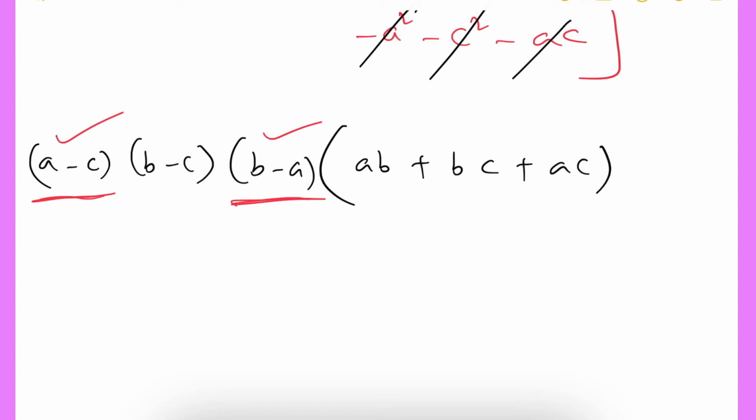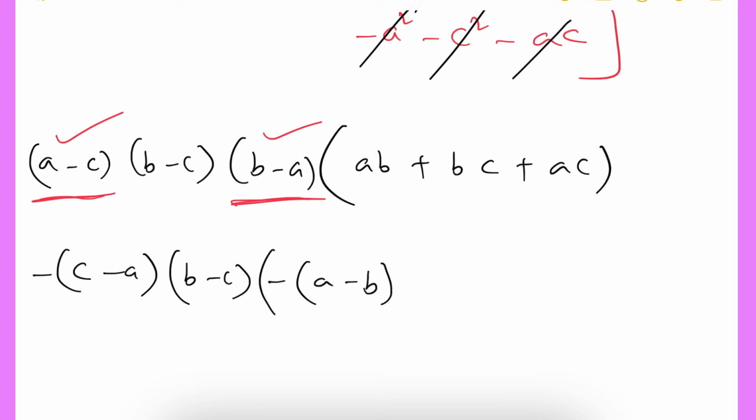If I take the minus symbol common from the first one, minus c will become plus c, plus a will become minus a. Then the second one as it is. From the third one also, if I take the negative symbol common, then minus a will become plus a, plus b will become minus b, into this one as it is, that is ab plus bc plus ca.